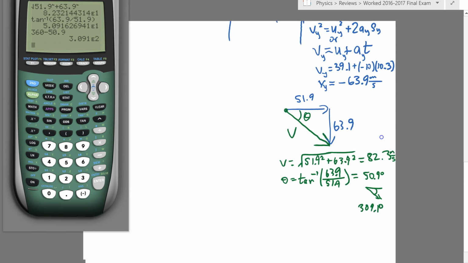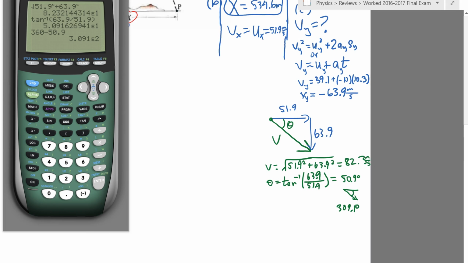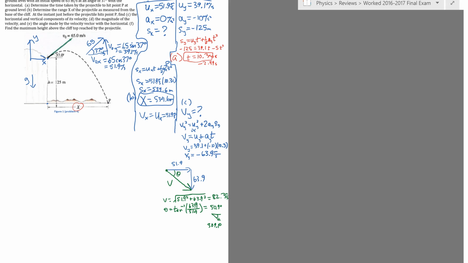Either of these would work for defining the angle. So all combined, the components, finding the components answers part C. The magnitude of the velocity being 82.3, that answers part D. And then this angle answers part E.